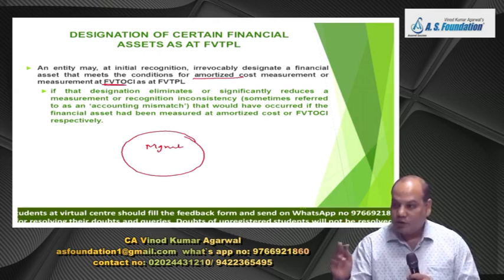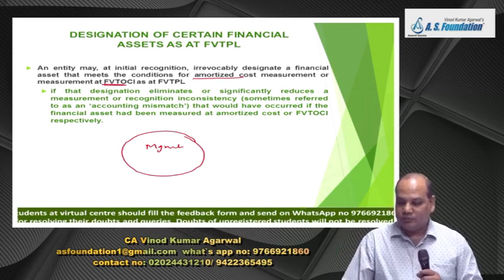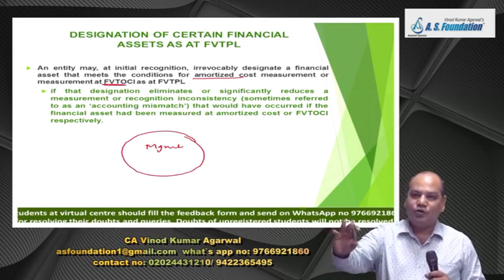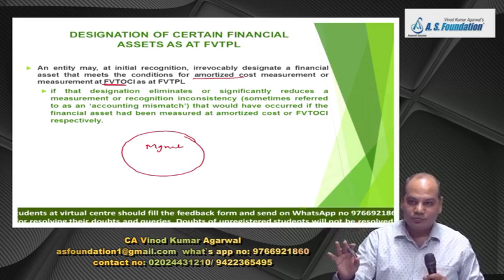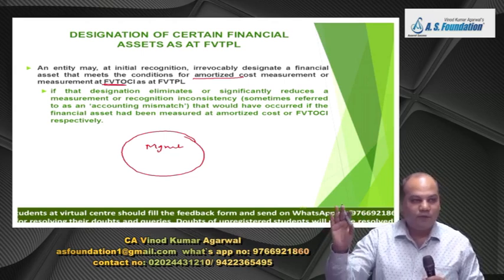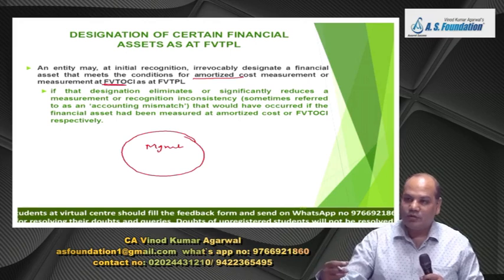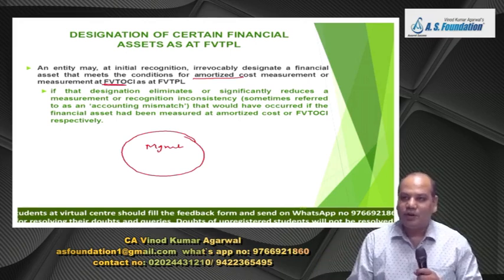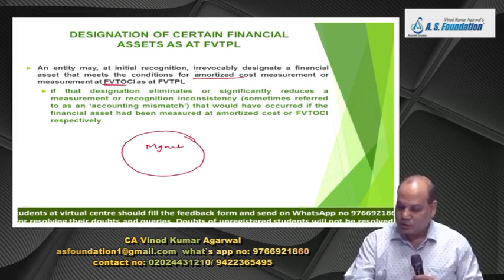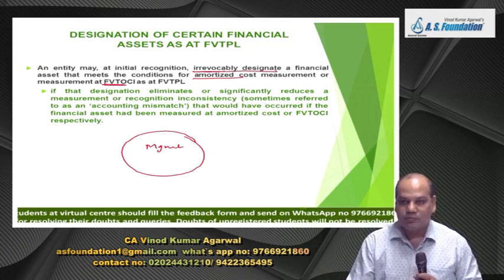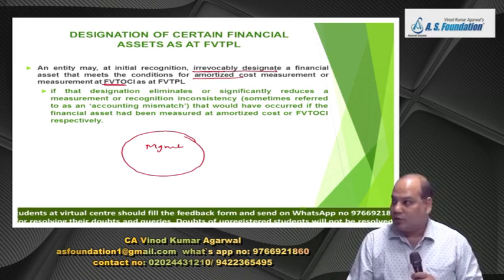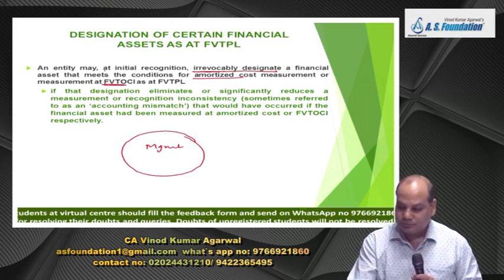So even if a debt instrument, for example, fulfills the definition of amortized cost or FVT OCI, can the management voluntarily designate it as FVTPL? Yes, but this is irrevocable. That is, you cannot change the classification later.